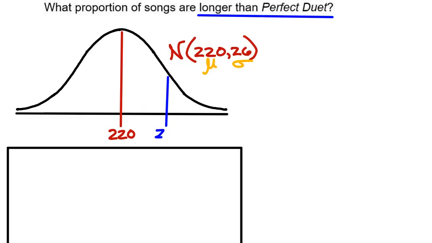And I'm going to label that as 260. And then I want to shade this because it didn't say exactly 260, it said longer than. Which side of this should I shade? The right side. The bigger numbers, the longer songs are going to be over here.